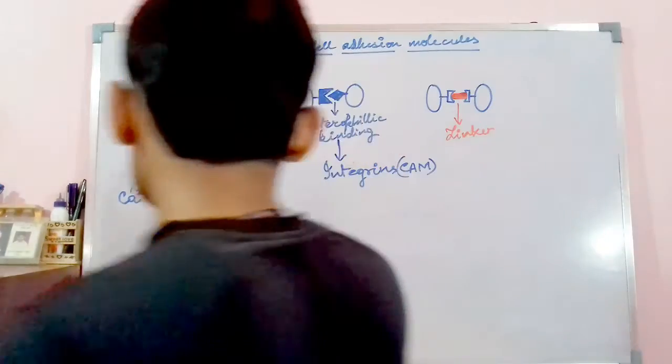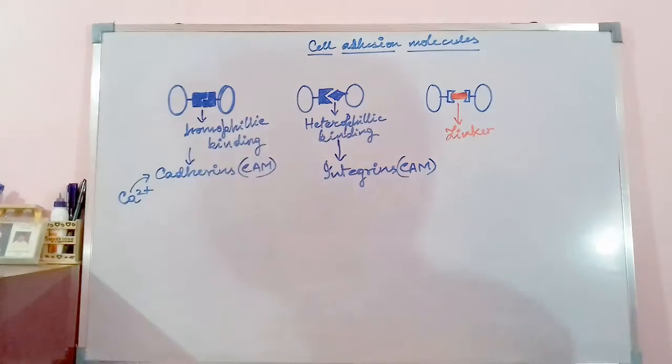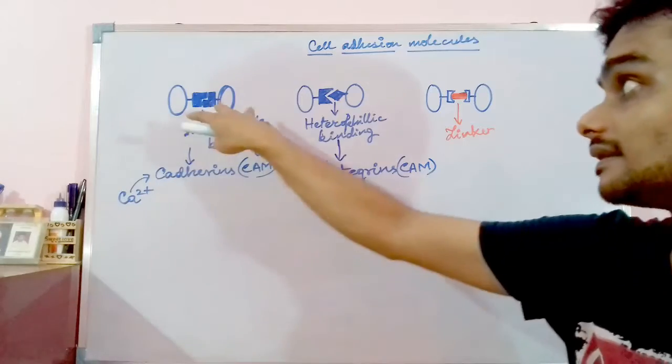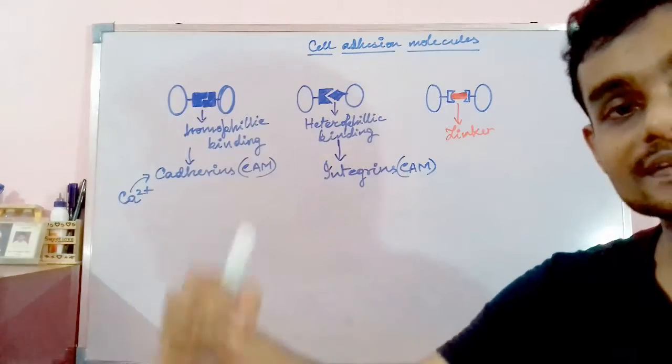And these cadherin molecules, with the help of Ca2+ ions, help in binding the cell membranes of the two cells and convey the message from one cell to another.